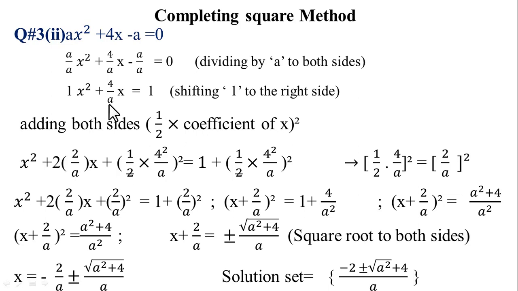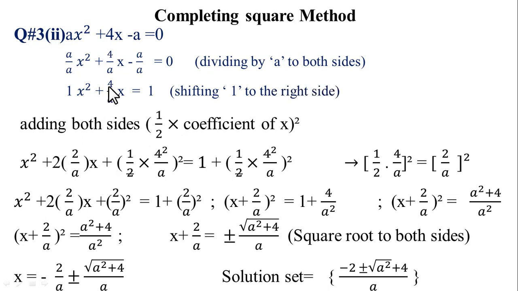Now we add to both sides the coefficient of x multiplied by 1/2, whole square. Then we get a perfect square on the left side.